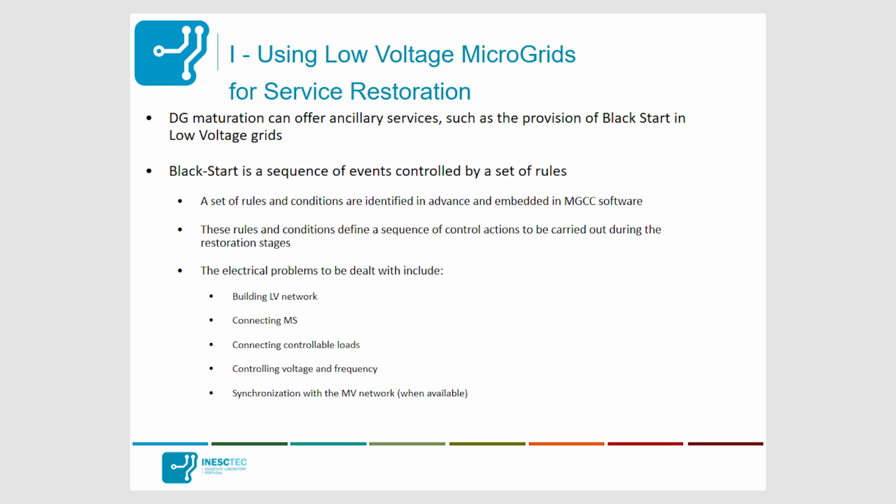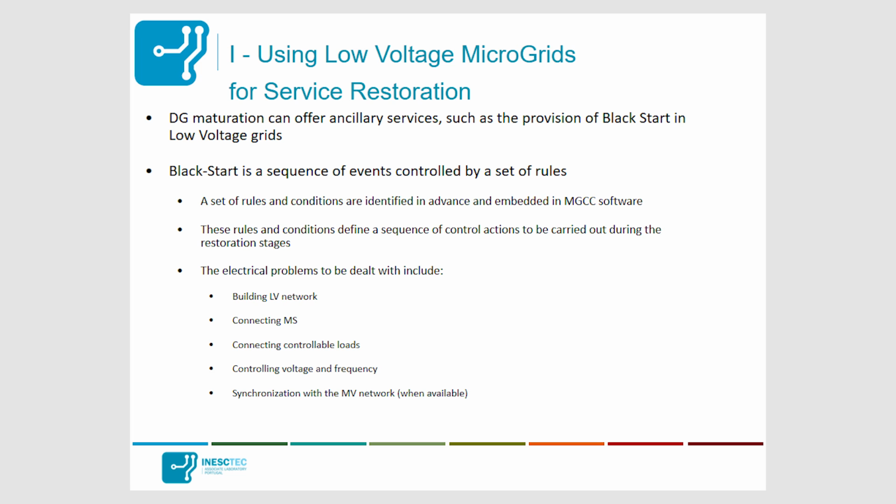Now I'm going to talk, as I promised at the very beginning of my presentation, about the use of microgrids for service restoration. These generation units have technically matured enough to offer ancillary services, and in this case, black start.